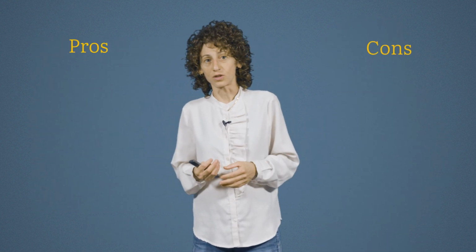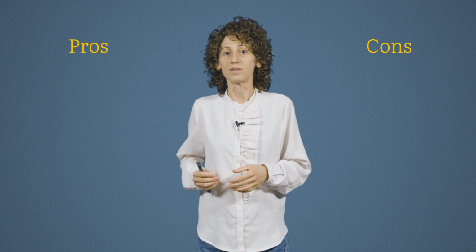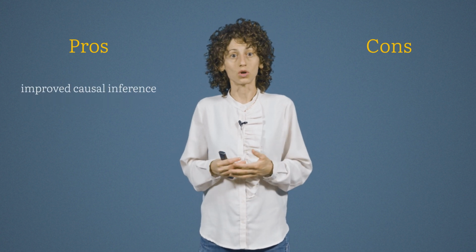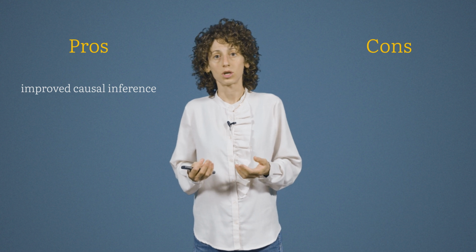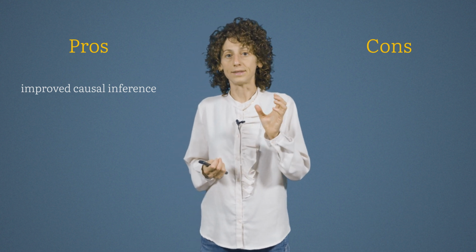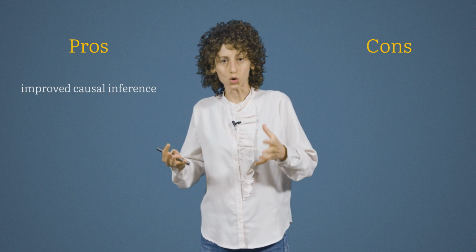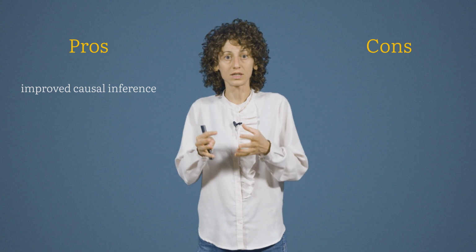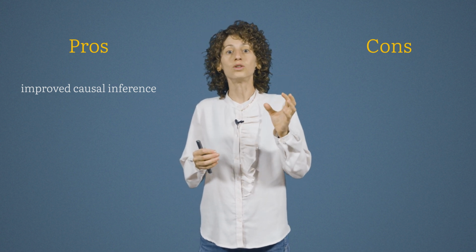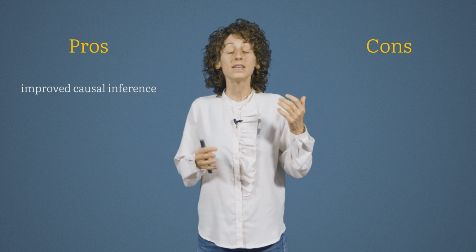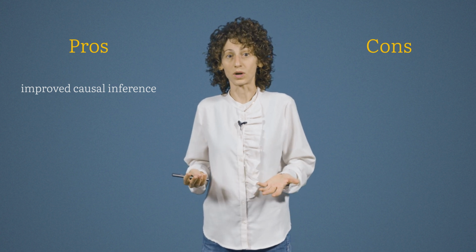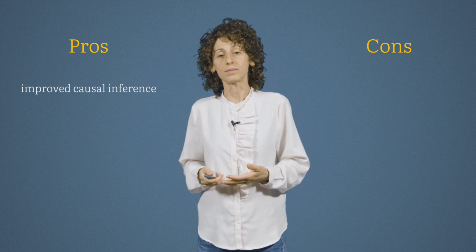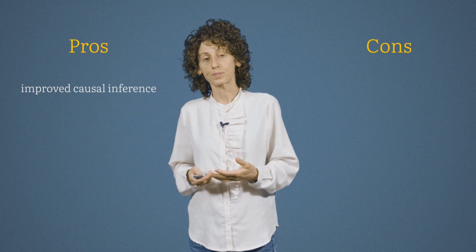Now, to conclude, pros and cons of this method. Advantages: a more accurate estimation of causal effects compared to traditional methods. By creating a weighted combination of control units that closely matched the treated unit before the intervention, synthetic controls provide a good counterfactual, making causal claims more reliable.